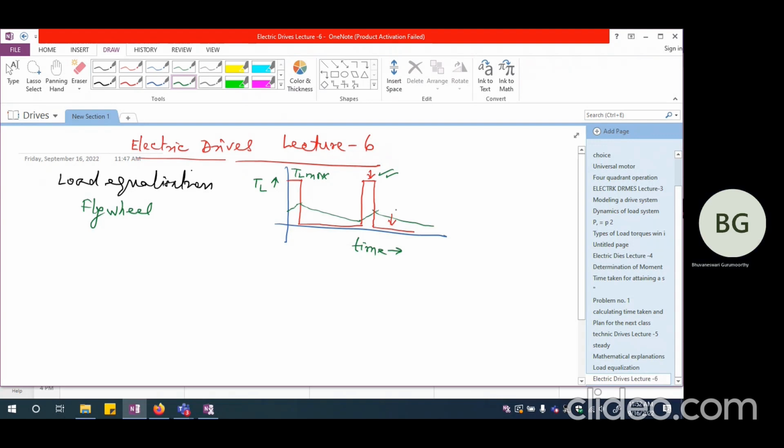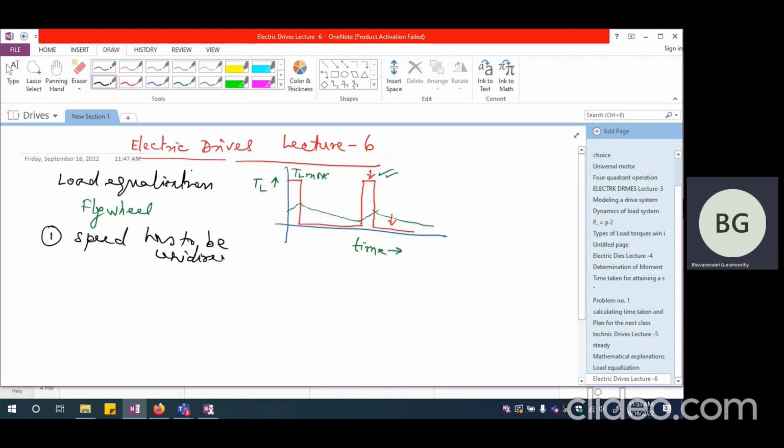Okay. So this particular mechanism definitely can be used in a system where the speed is only in one direction. So one of the conditions is the speed or the rotation has to be unidirectional. If it is bidirectional, it has to reverse every now and then. It is going to be really difficult, or it is impossible for you to use this flywheel, because we all know this equation J d omega by dt is equal to TE minus TL.